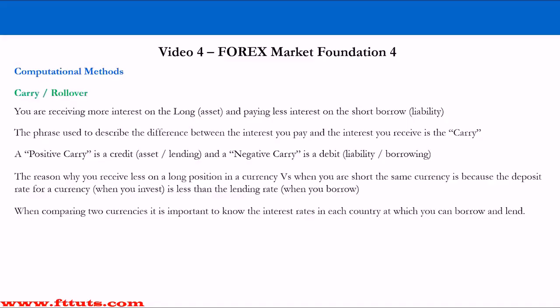So if you go to a normal high street bank and deposit money in a savings account, it's pretty obvious that the rate that you receive on your savings account from that bank is going to be a lot less than the rate that they lend money out at. So if you took a loan from the bank, the rate is going to be much higher.